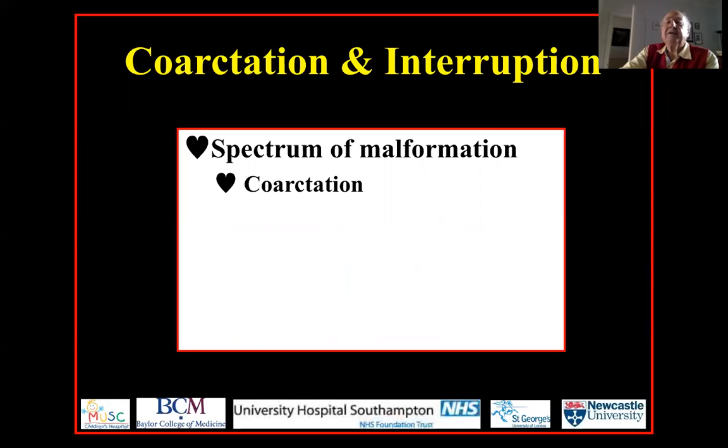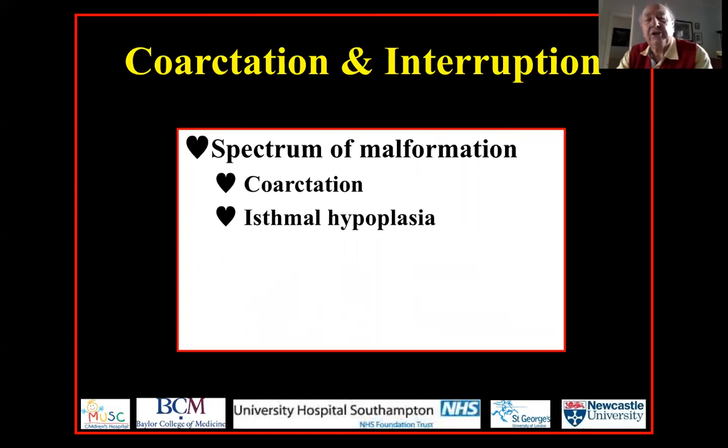So the mildest end of the spectrum is coarctation. And as you all know, patients with coarctation themselves can have mild coarctation, they can have severe coarctation. Oftentimes, in fact, usually, coarctation is associated with a degree of isthmal hypoplasia.